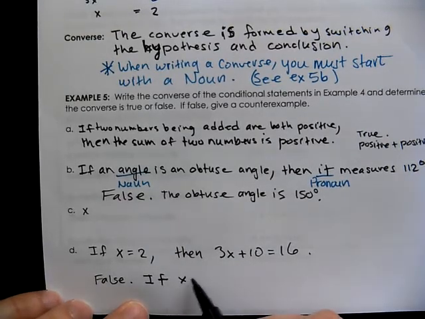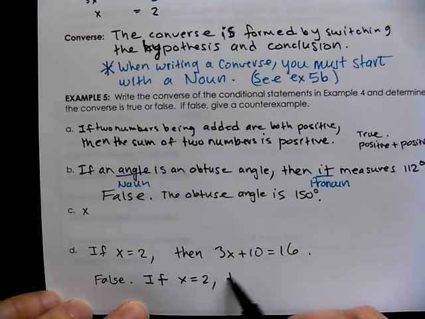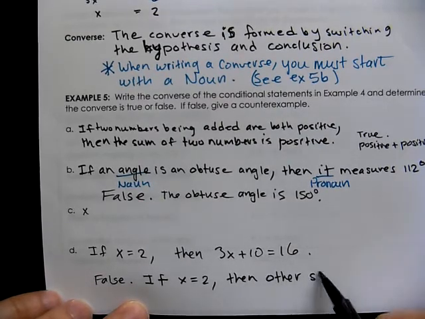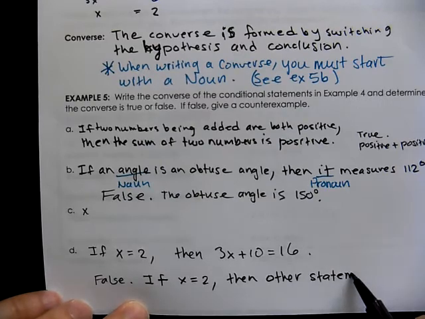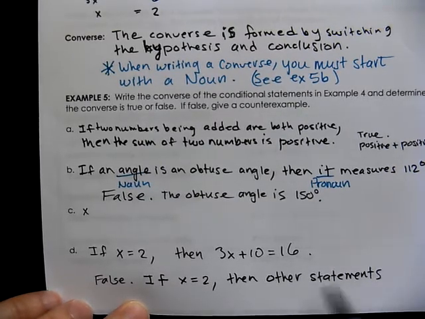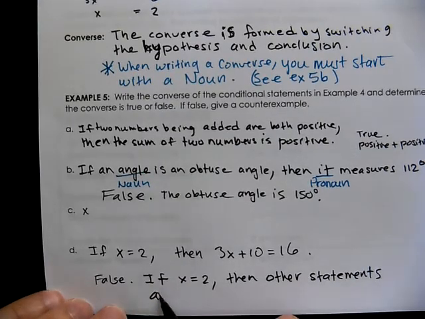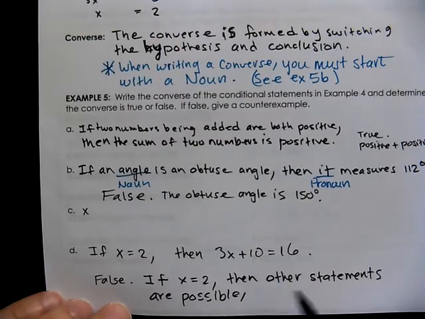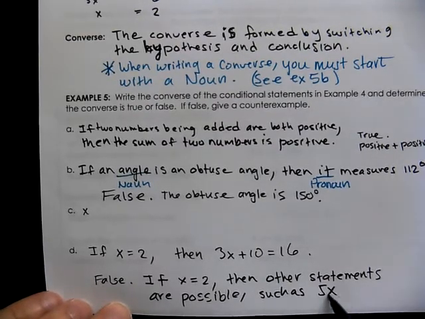So here's my counterexample. If x equals 2, then other statements, we mean other equations, right? Other equations, other statements are possible, such as 5x equals 10.